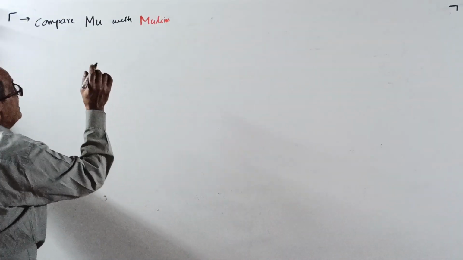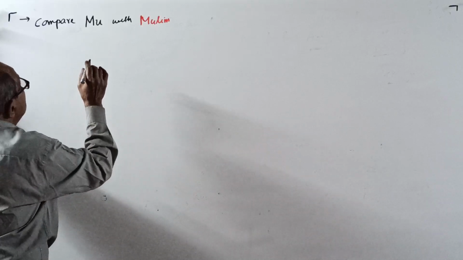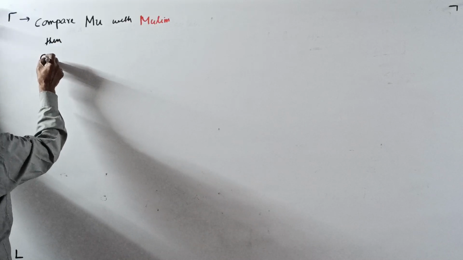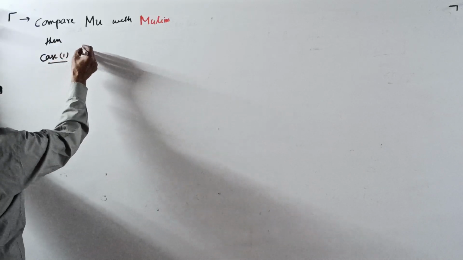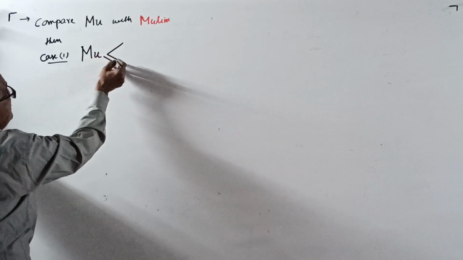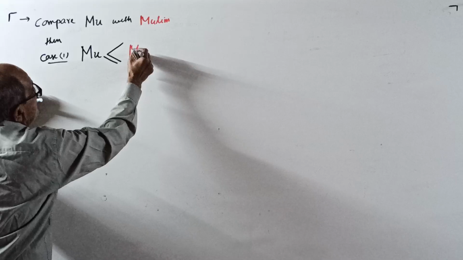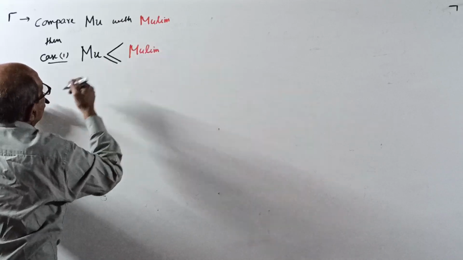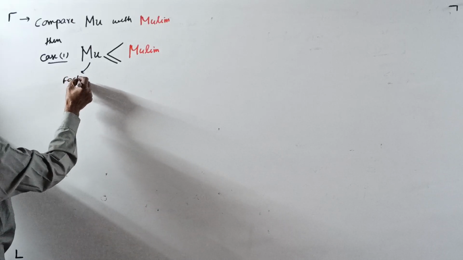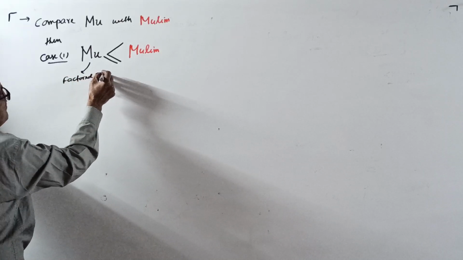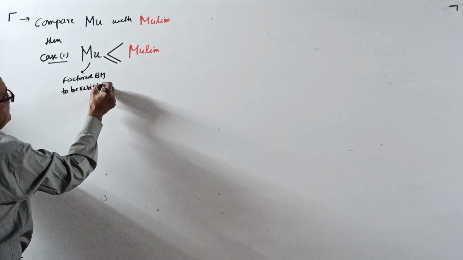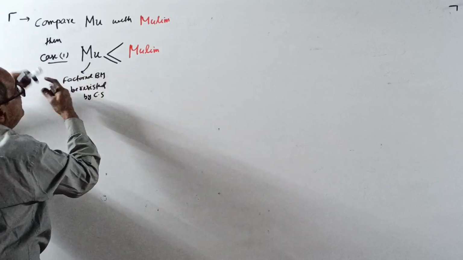Now, see, understand correctly. Then I write case 1: MU comes less than or equal to MU limit. To make it fully clear, I will write here: the factored BM to be resisted by the cross section.